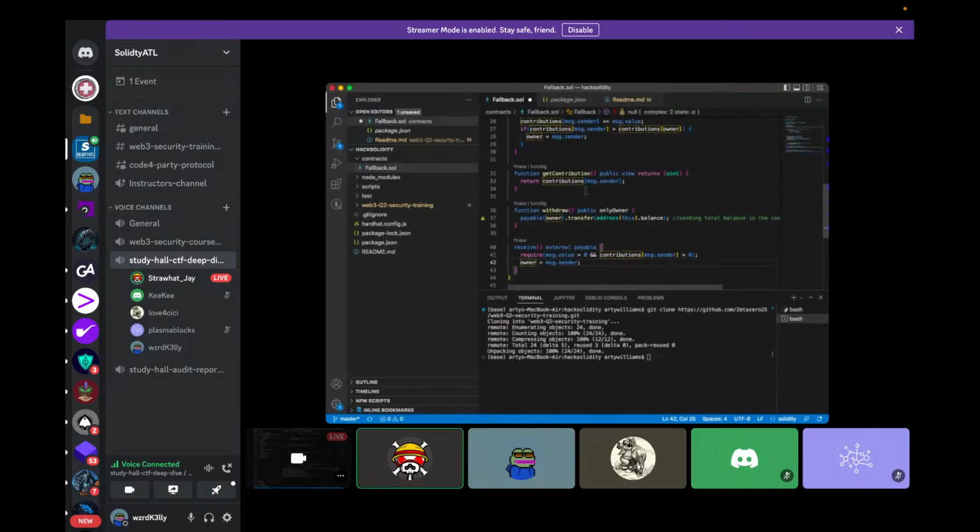The new owner is the message.sender. And who could that be? The next person who makes a contribution would become the new owner. Yes, if you call that function, correct.